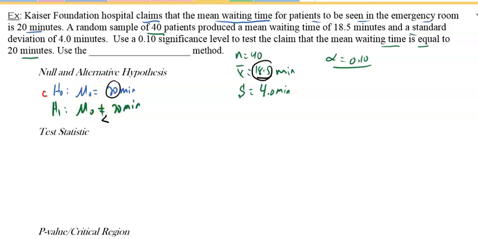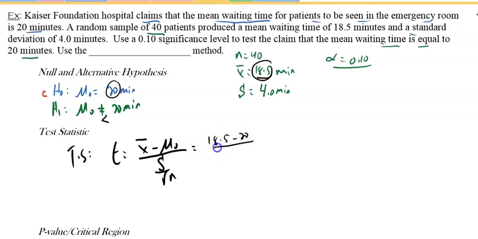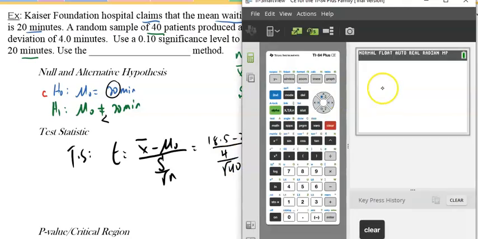And we're going to work with the test statistics. What's the test statistics? Test statistics is the t-distribution. That's x bar minus the population mean divided by s over square root of n. And that would be 18.5 minus 20 divided by 4 over the square root of 40.